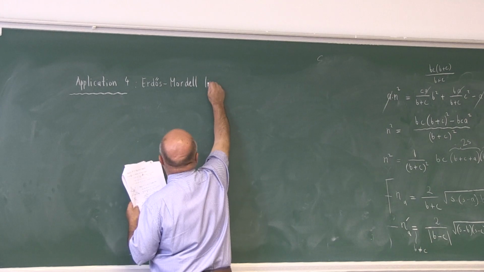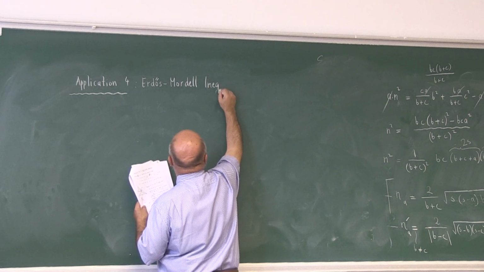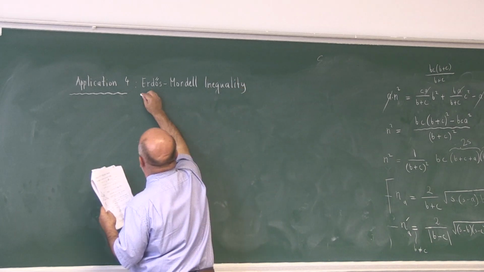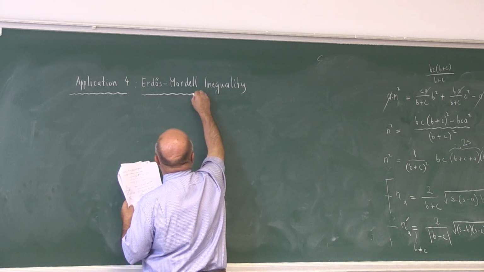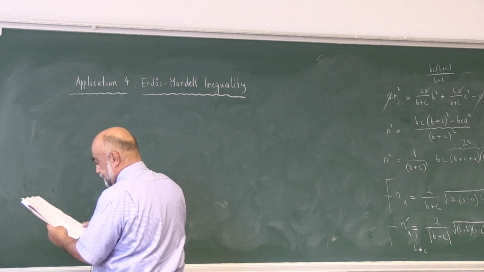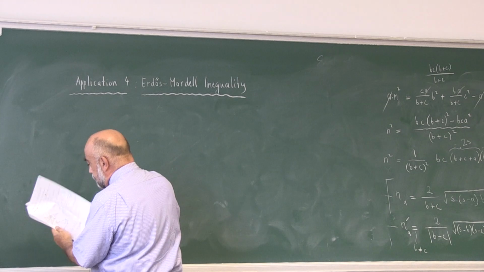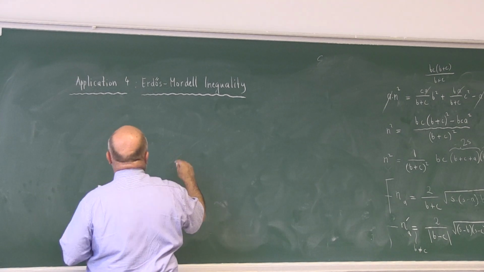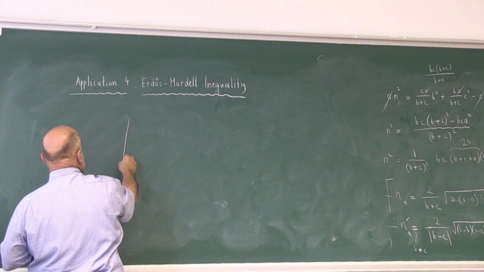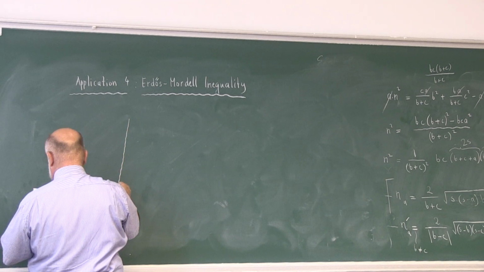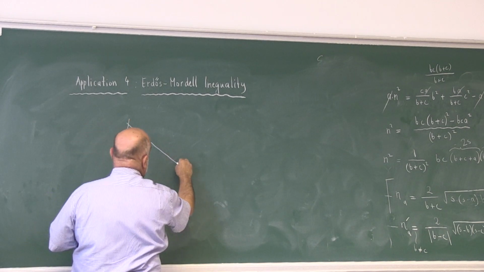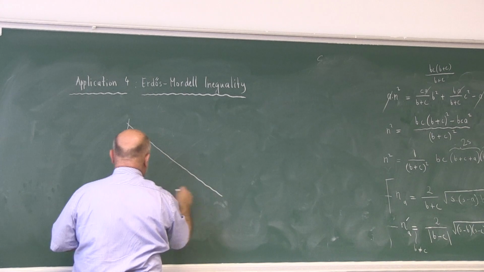This time I shall actually write down the inequality and then proceed to prove it. The inequality is the following. In any triangle ABC, take any point inside it.